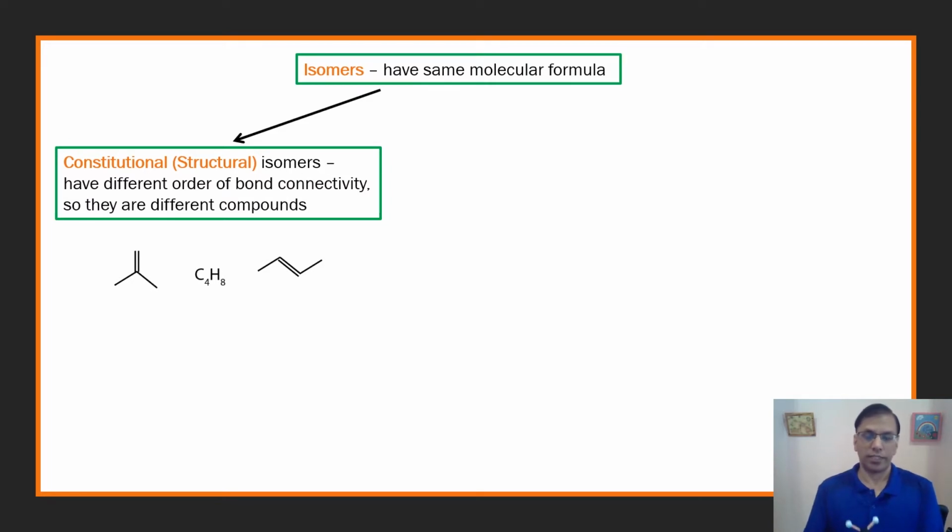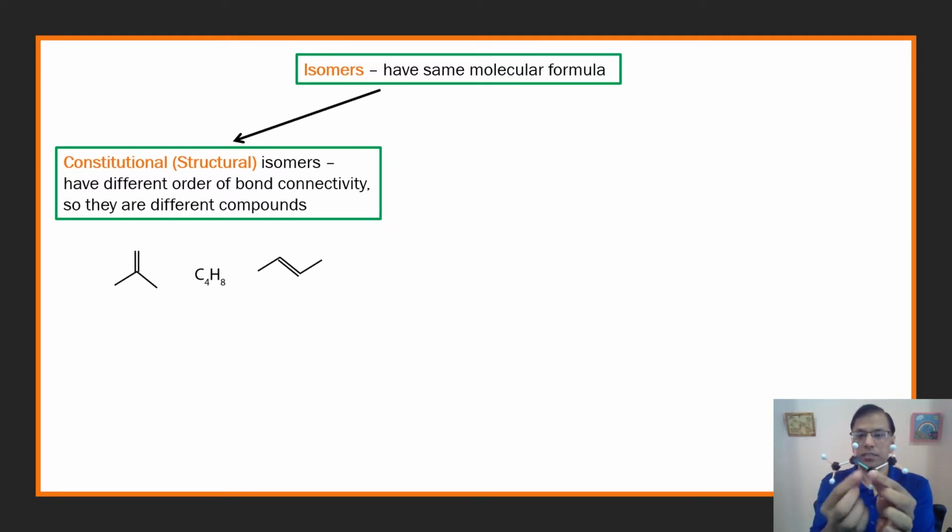So C4H8, let's consider this. So you have 4 carbon atoms, and you have 8 hydrogens. This green is a double bond. Now let's look at another model right here.